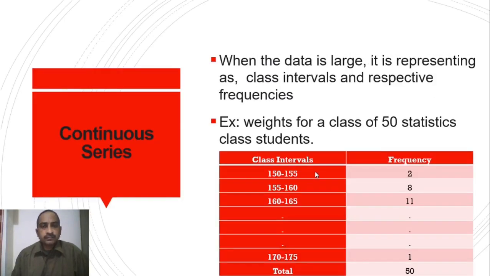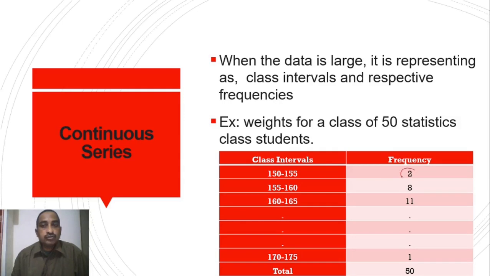Now, another case is when the data is very large. When the data is very large, it is represented as class intervals and respective frequencies. The same data set can be used for representation of the continuous series. Suppose the class interval is 150 to 155 centimeters of height. How many are there?